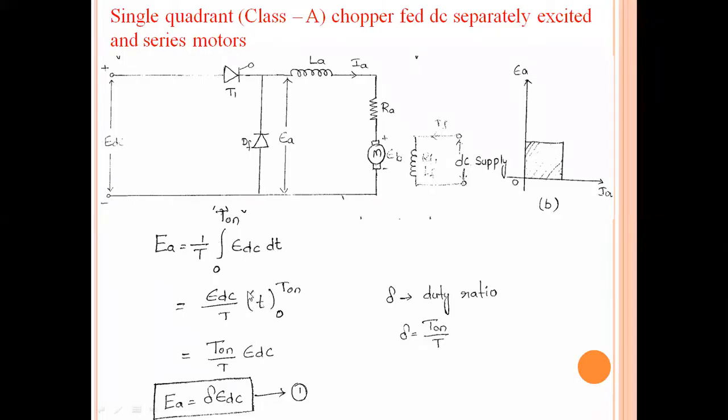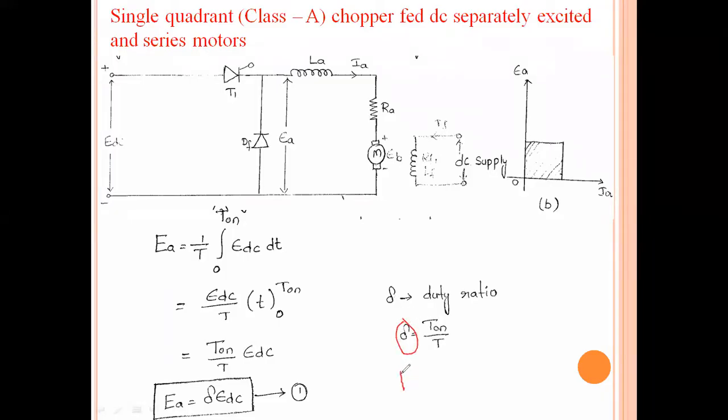So EDC by T into t, where the limits are 0 to t on. If you substitute the limits, you will get the average voltage across the motor terminals EA as t on by T into EDC, the similar expression that you have seen in your step down chopper circuit also.